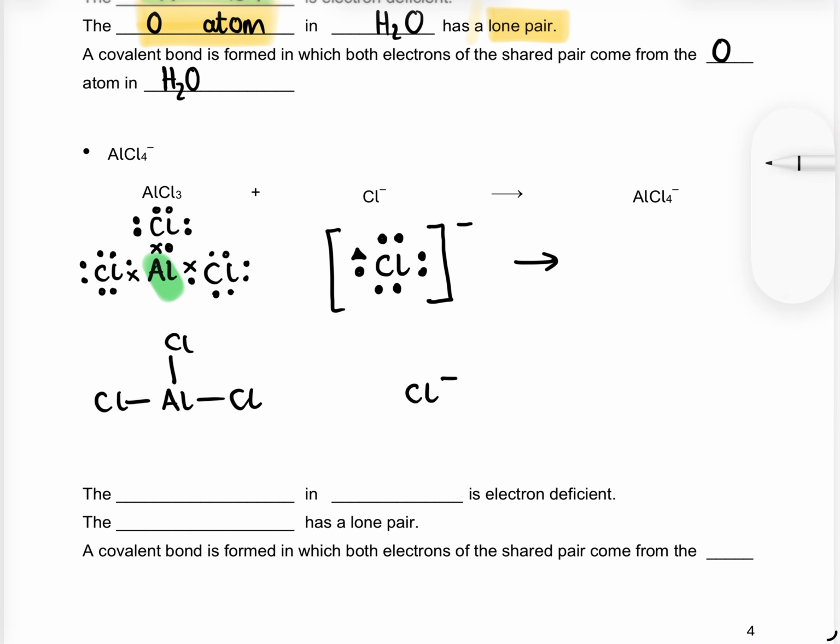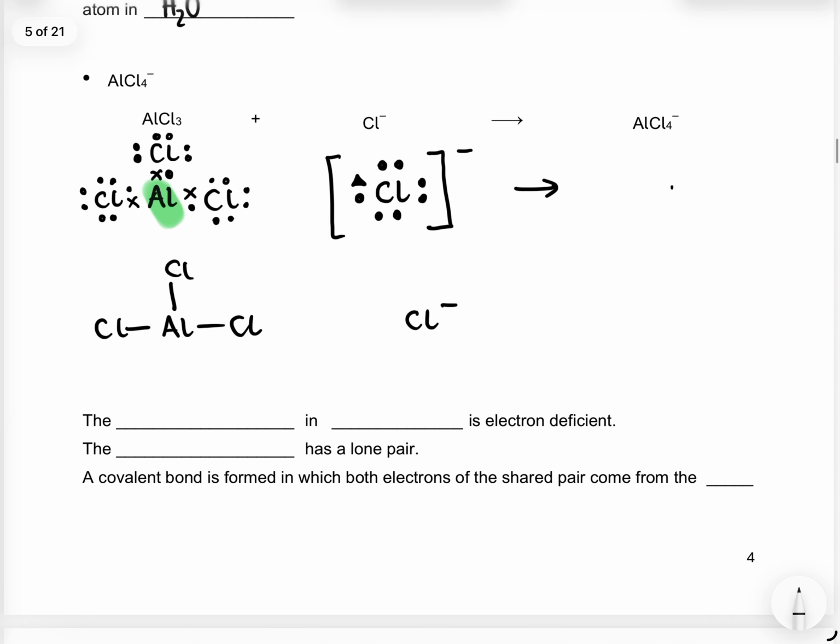So what have we got when we've put these together? We've got aluminium here with its 3 electrons, forming 3 regular covalent bonds to 3 Cls. And then we've got this extra chlorine, and it doesn't matter which pair of electrons you use from the chlorine.